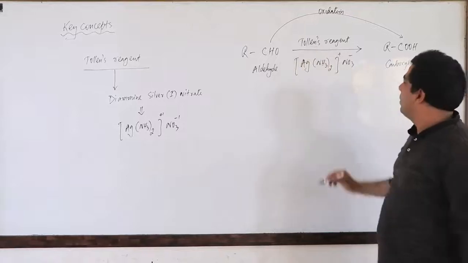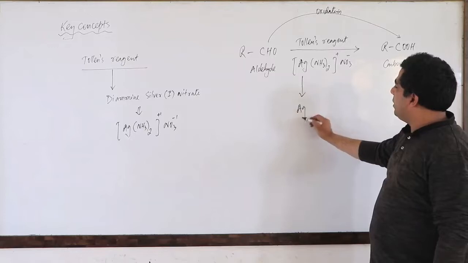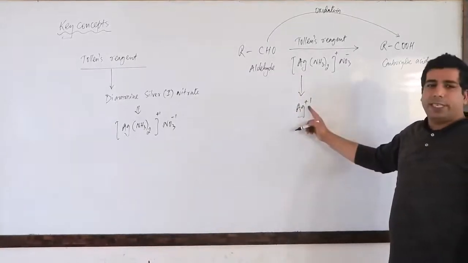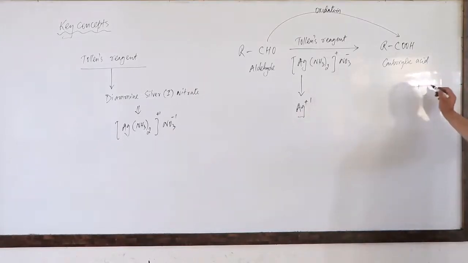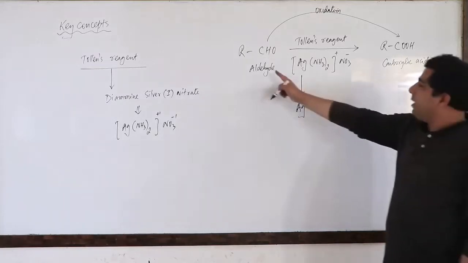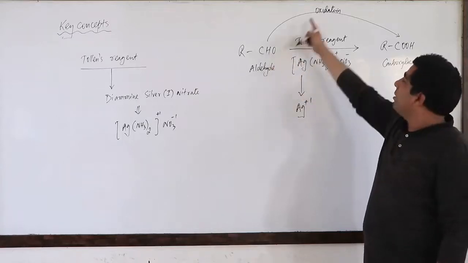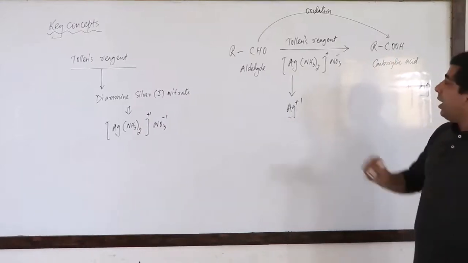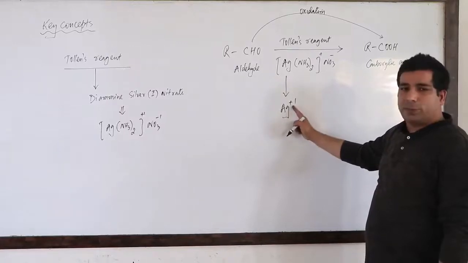How? Have a look. From this molecule, we have silver in the form of Ag+1. The oxidation state is +1. But when you look at the product side, I am getting Ag. What is the meaning? When the aldehyde interacts with the Tollens reagent, the aldehyde undergoes oxidation and gives carboxylic acid, and silver's oxidation state is +1.